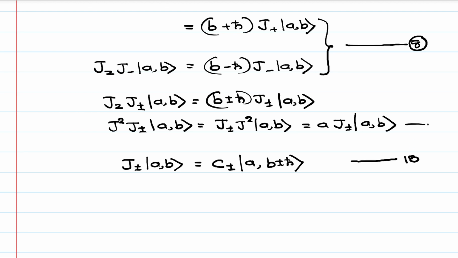I think you have to give this as equation number 9, and this is equation number 10. Now the value of C± can be found later using the normalization condition.